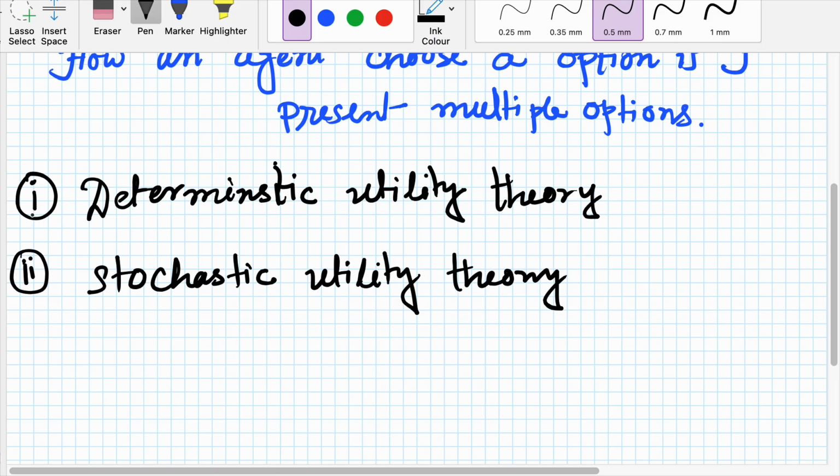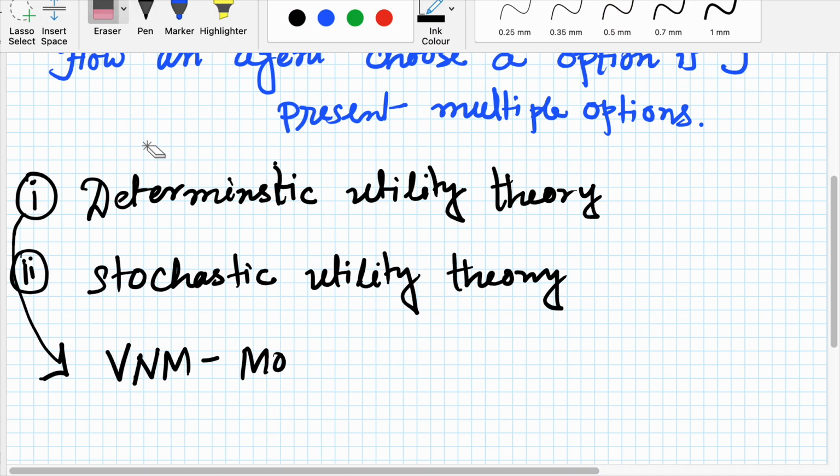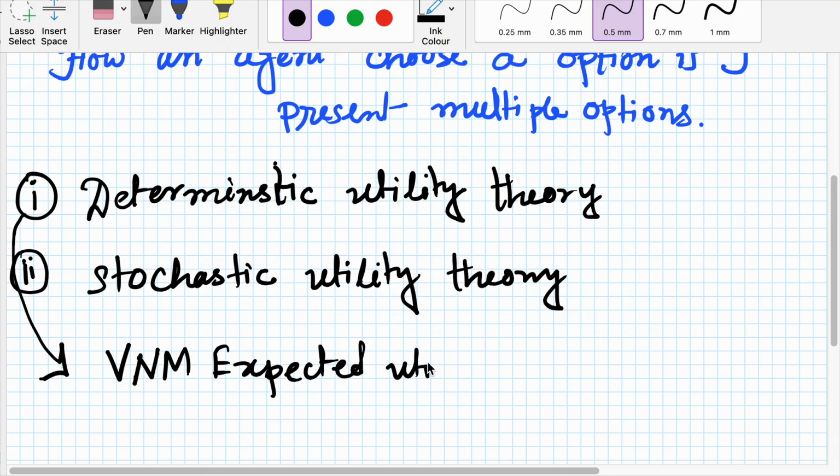The deterministic part was given by von Neumann and Morgenstern, so it is called the VNM expected utility theory.